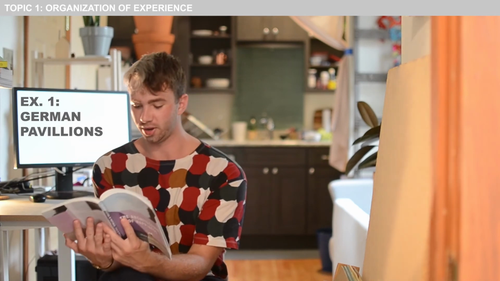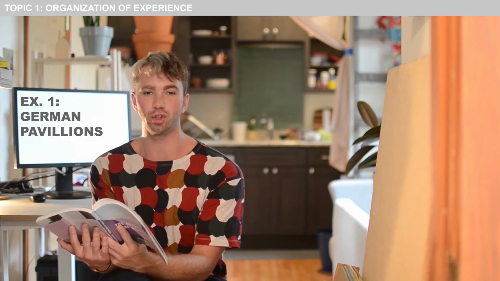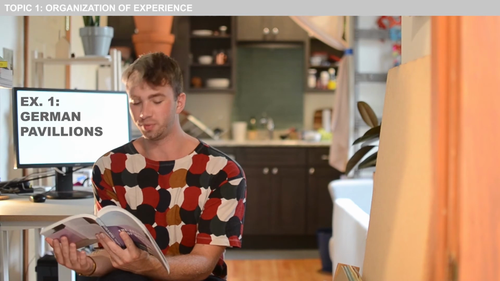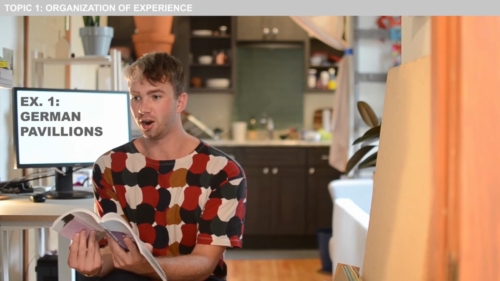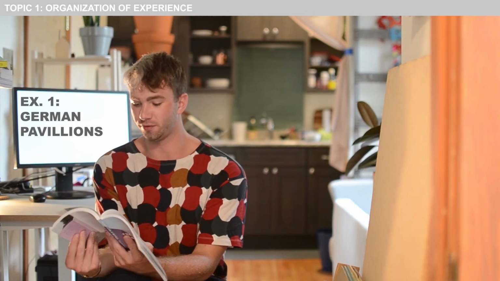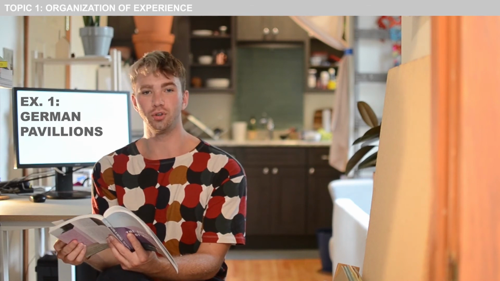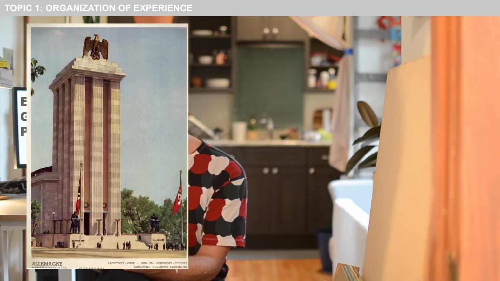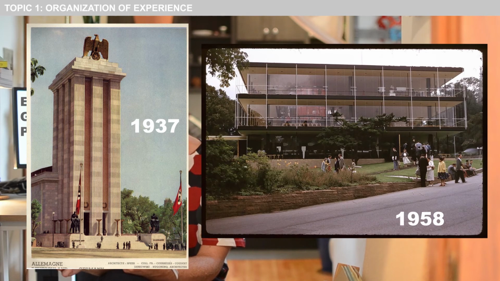So the author brings into account two buildings made by Germany for the World's Fair. These are two pavilions which kind of are meant to represent the country for which they stand. He points to two specific pavilions. The first is for the Paris Fair of 1937, and then 21 years later, after the Second World War, he points to the 1958 World Exposition in Brussels.